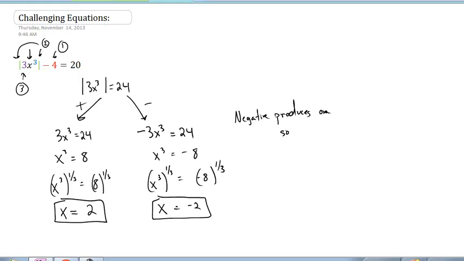And you can see that's because we raised to the 1/3 power. That's an odd root. So there's no need for plus or minus. And that had been our rule of thumb. But we have two solutions ultimately for the equation because there are two paths that come out of the absolute value. Let's look at a second one.